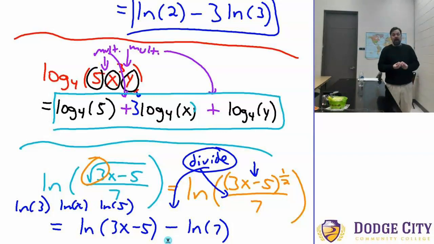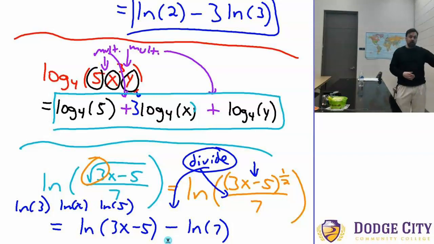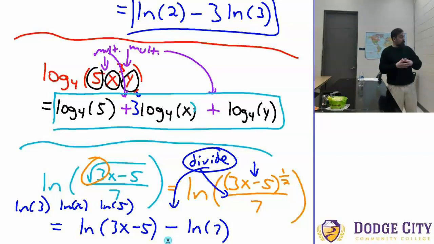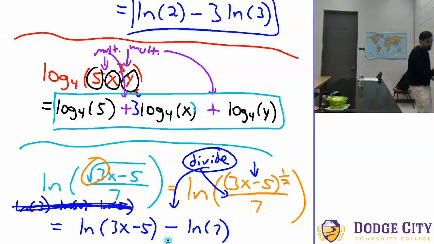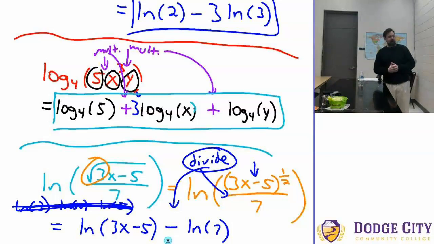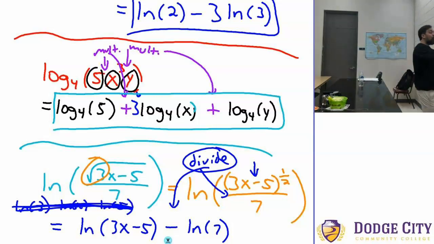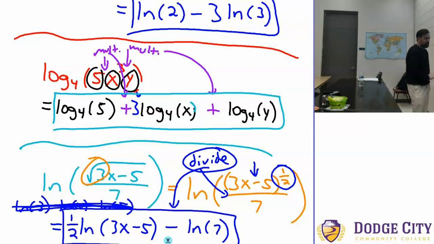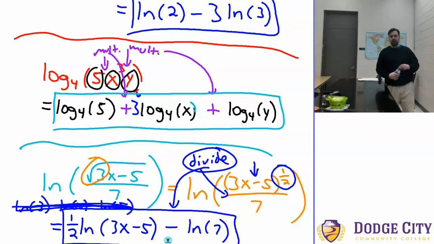I could only do that if it was 3x times 5, then I could split it apart. Or if it was 3x divided by 5, then I could do more with that. But because I'm subtracting, it's a dead end. I can't break that logarithm apart any further. So no, we don't want to do that. So it's kind of a trick question, I believe, why that's in here. What we can do is take that power of 1/2 and put it in front of that logarithm, and we are done. All right, so it's breaking that logarithm apart as much as can be done.